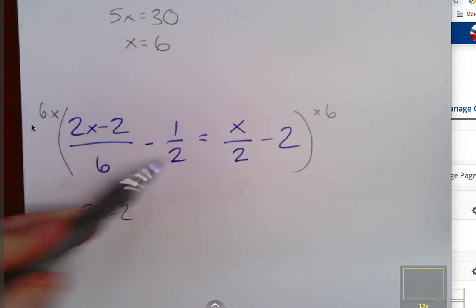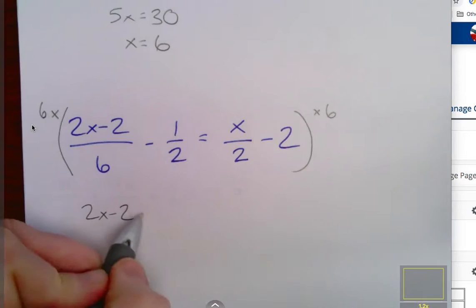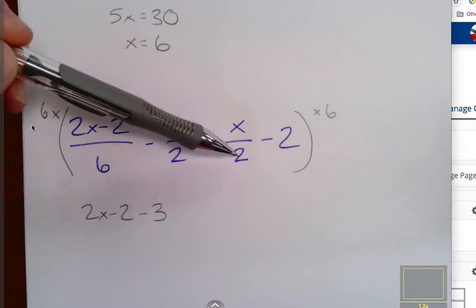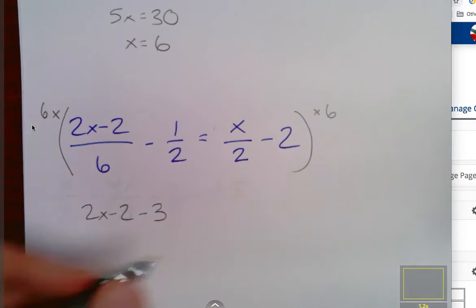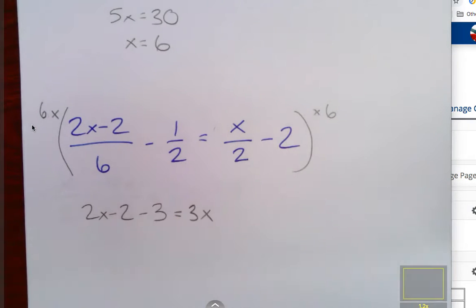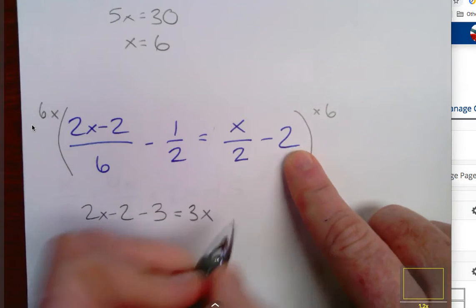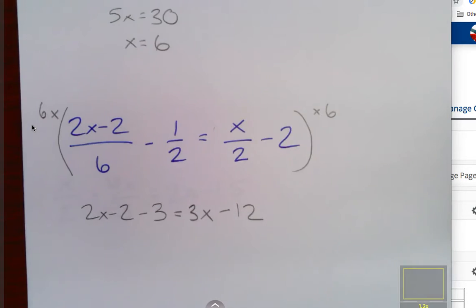6 divided by 2 is 3, so I have to multiply that by 3. Right, and there's a minus there. Over here, I have 6 divided by 2 is 3, so I have to multiply that by 3. And then 6 times 2, negative 2, negative 12. So this very complicated problem just became this.